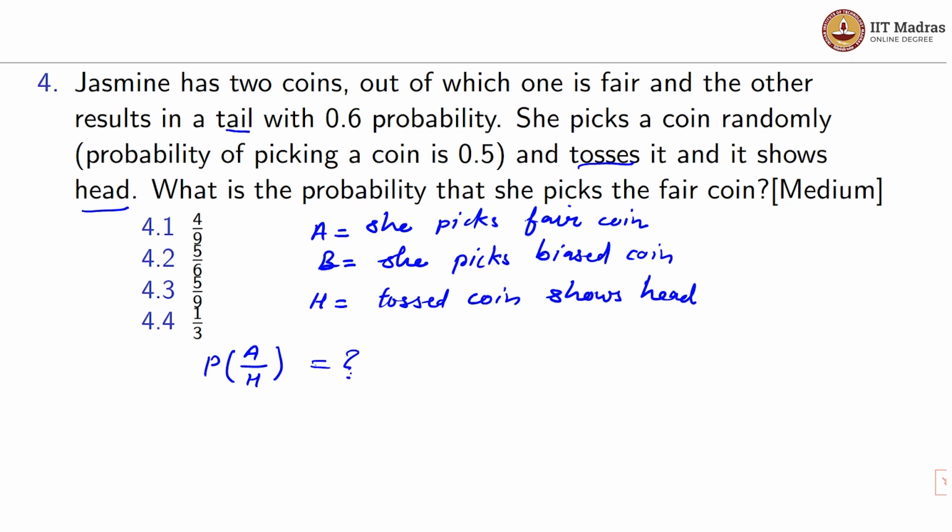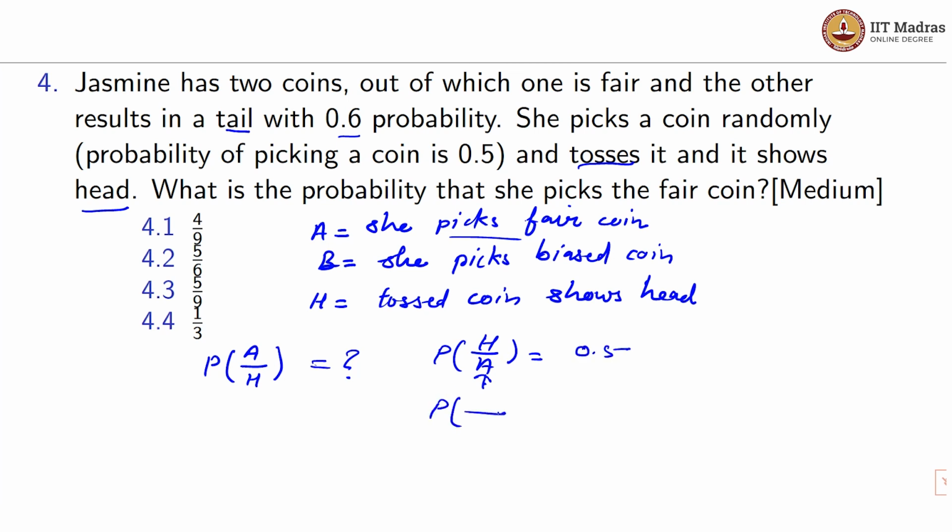And the information given to us is that one coin is a fair coin and the other has a probability of 0.6 of coming up tail. That is, if we choose the fair coin, A being the event of picking the fair coin, and she tosses it, then the probability that it will show head will be 0.5 because the coin is fair.